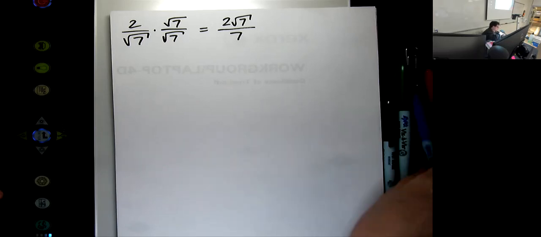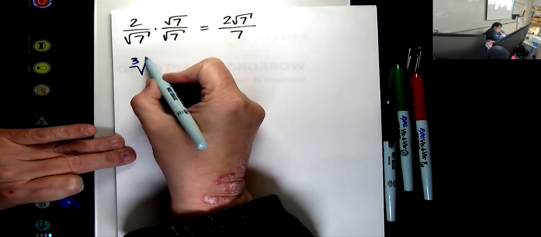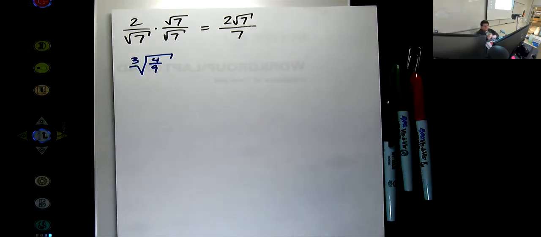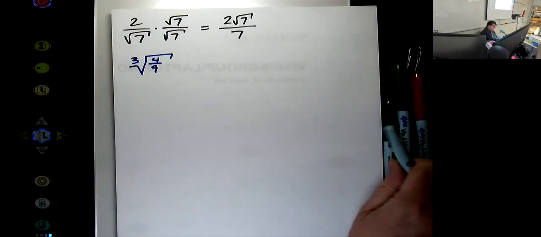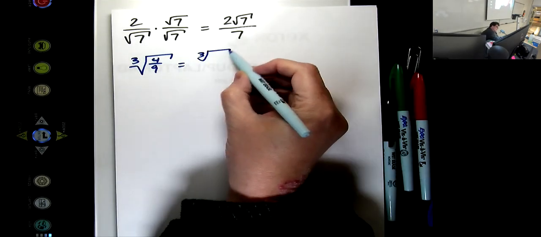What about this? Cube root of 4/9. I'm going to rewrite that. First off, we're going to separate the cube root and put it on top and bottom separately.